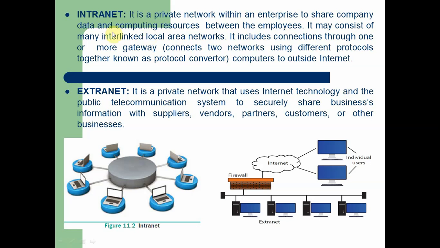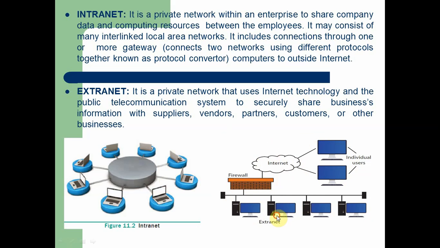The only difference between intranet and extranet is that in an intranet, this network is up to the employees only. But in an extranet, employees also use the network, and other persons like individual users, customers, buyers, partners, even suppliers and vendors also use this network for sharing data for communication purposes.